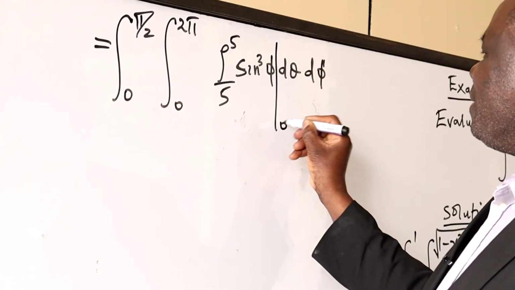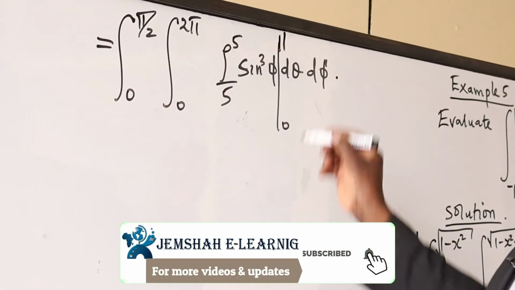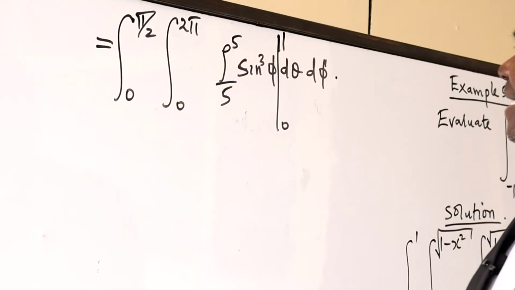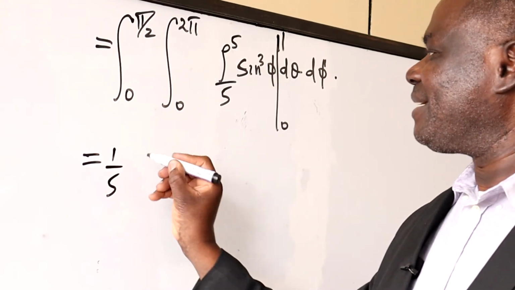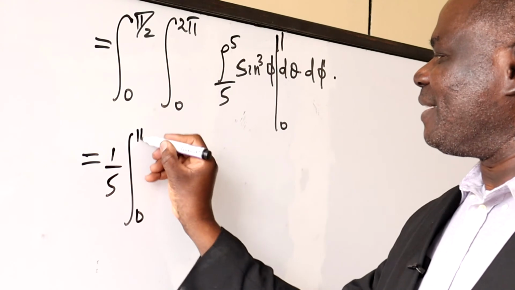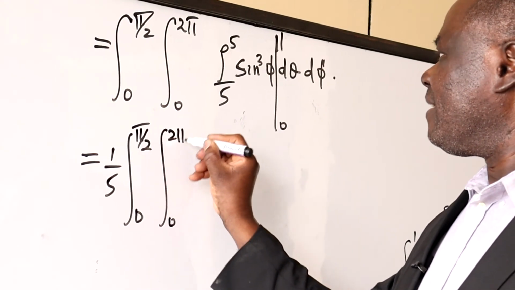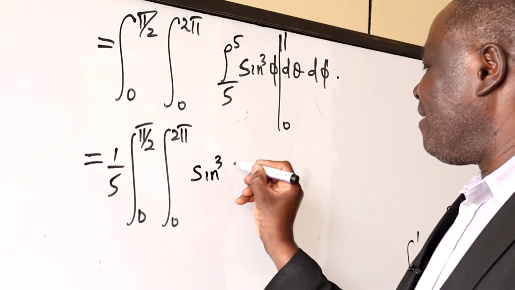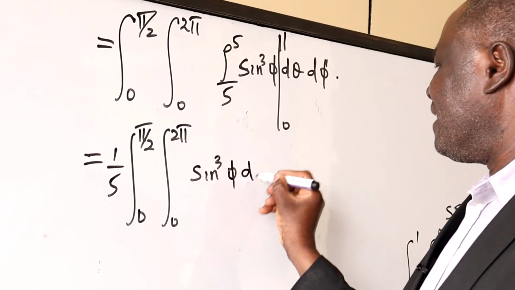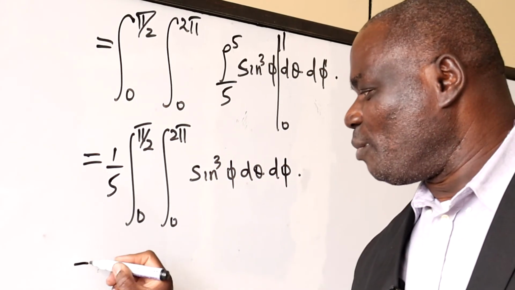Here we put limit 0 to 1, which will just be equal to 1, so 1 all over 5 will come out. We have 0 to pi over 2, 0 to 2 pi, then sine cubed phi d theta d phi.